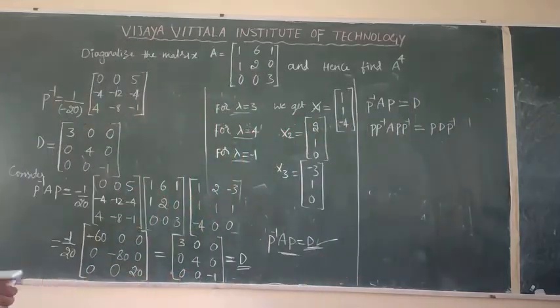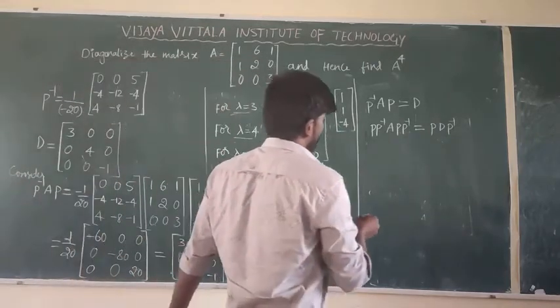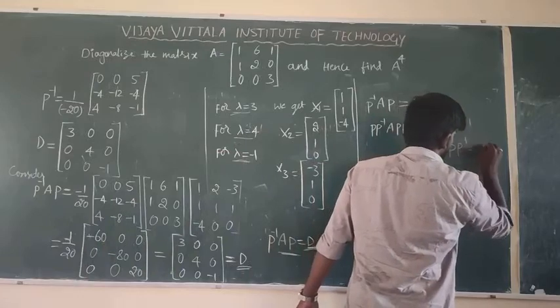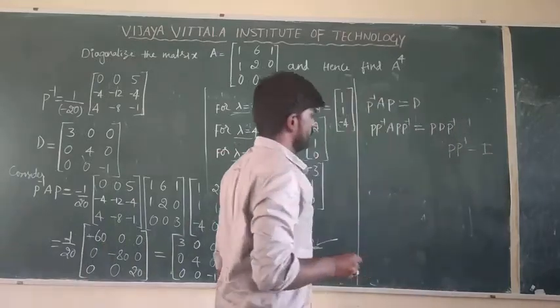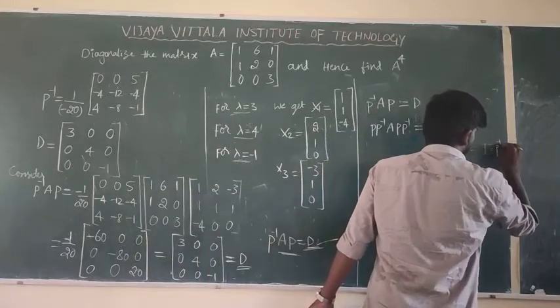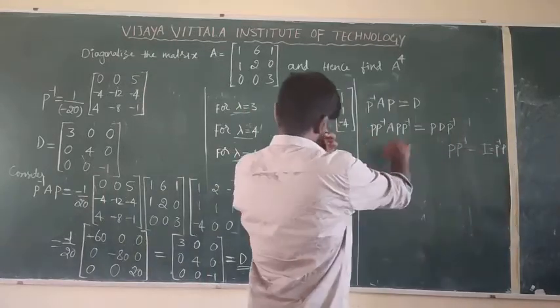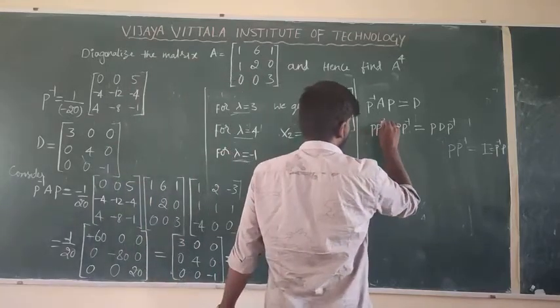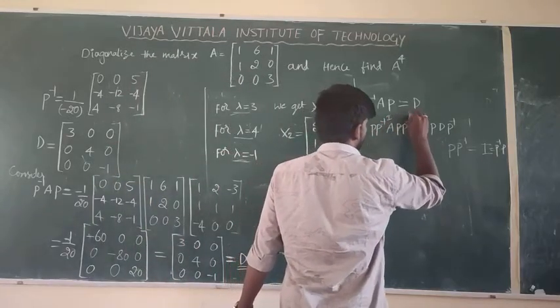In the diagonalization, P inverse P equals the identity matrix.